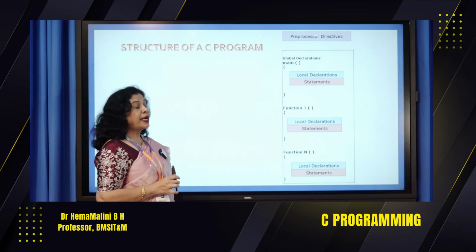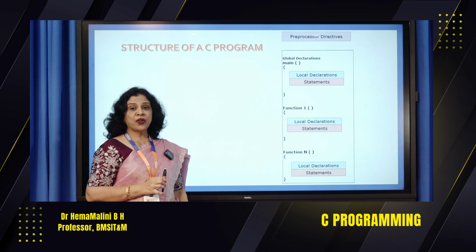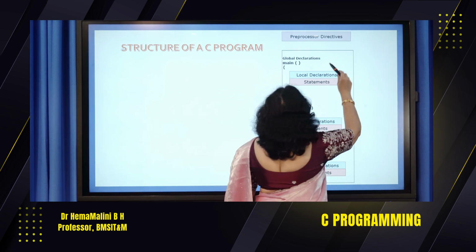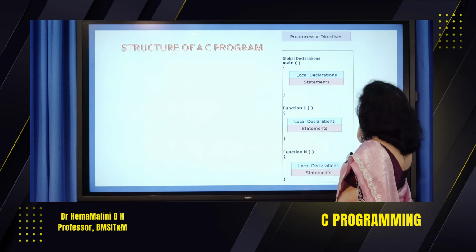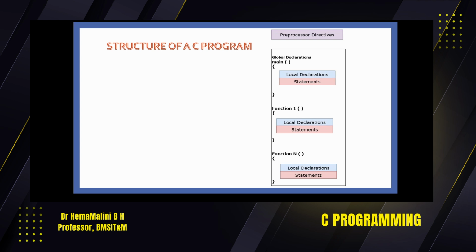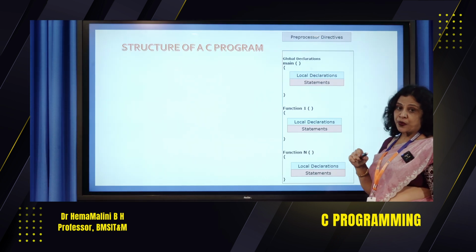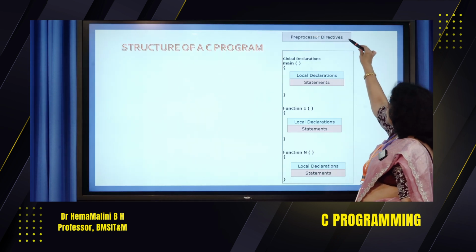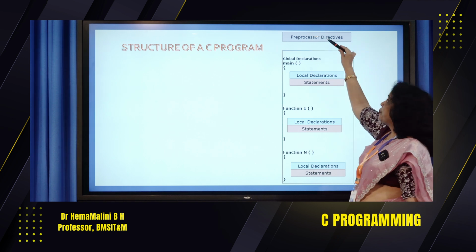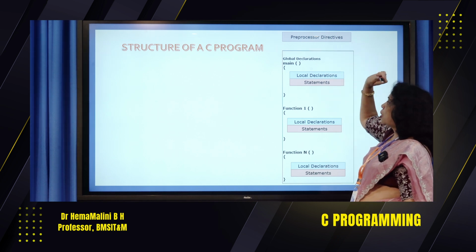Now, let us see the structure of a C program. So, we have the preprocessor directives. As I showed you in the first program, hash include stdio.h, just like that all the preprocessor directives or the header files, they are written at the top.